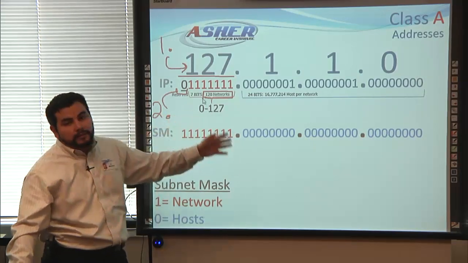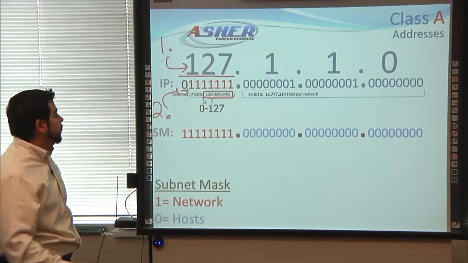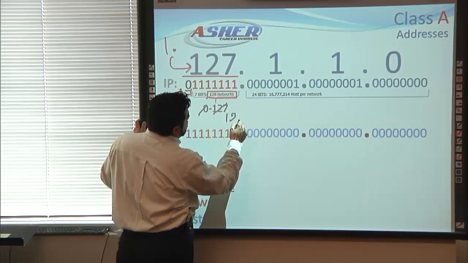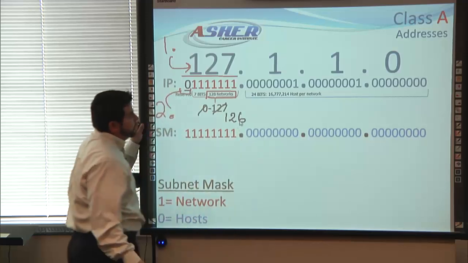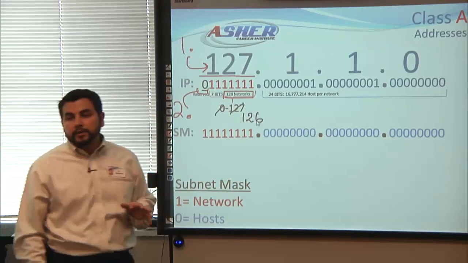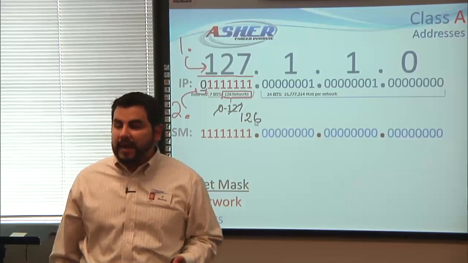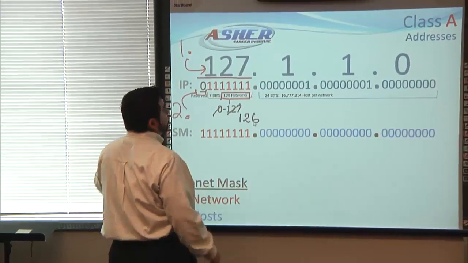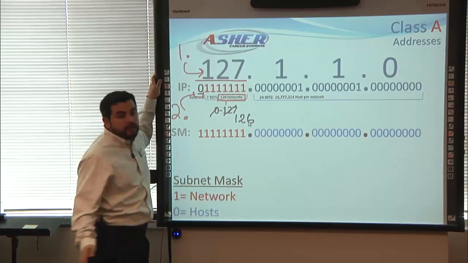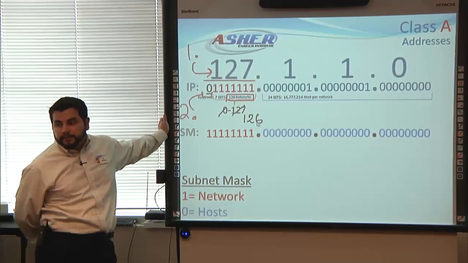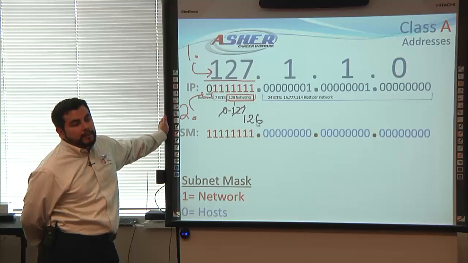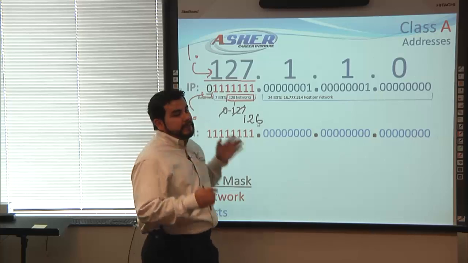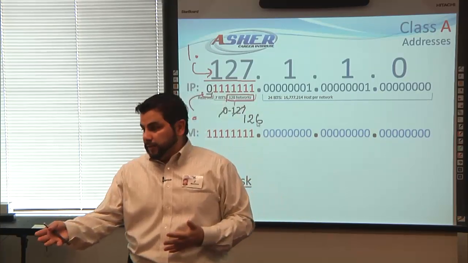Out of those 128 we can't use 0 and we can't use 127, so there's only 126 total numbers that we can use on the internet as a Class A address. So there's a total of 126 companies that have a Class A address, and they're all used. They're large companies. They're like HP, Apple, AT&T, and so on. Okay. For instance, give me an example of a Class A IP address.